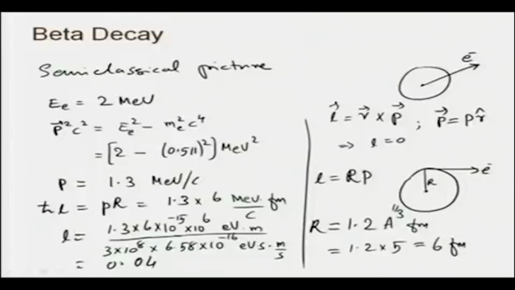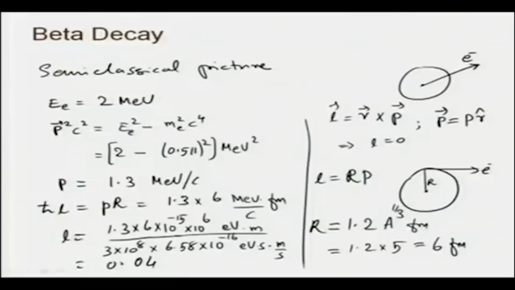So, that is a kind of maximum expected value of the relative angular momentum of the electron coming from a typical nucleus with nuclear mass number A equal to something like 125, which is much less than 1, almost 100 times less than 1, and therefore, we expect that the L value, the orbital angular momentum of the electron coming out, is 0.